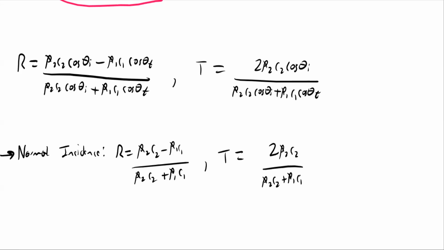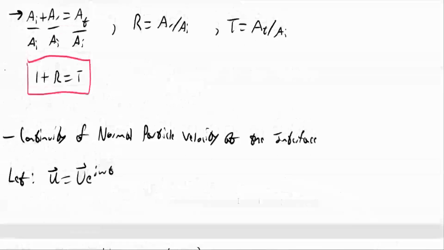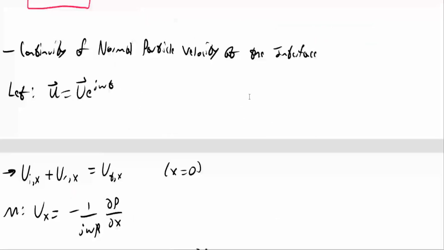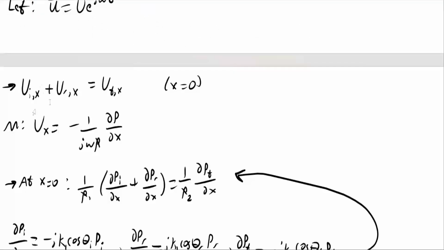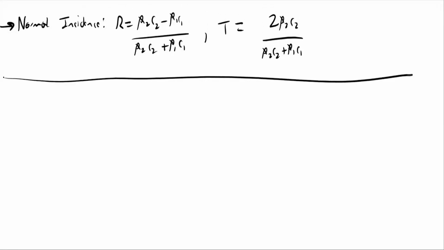Okay, so now we have that. I want to mention that when we were looking at the continuity of normal particle velocity at the interface, we could have also written it in a different form. Let me do a line here to differentiate.